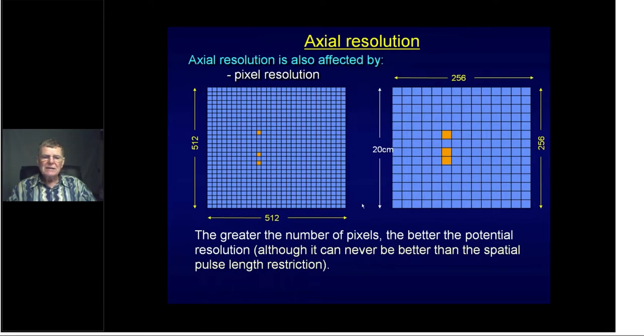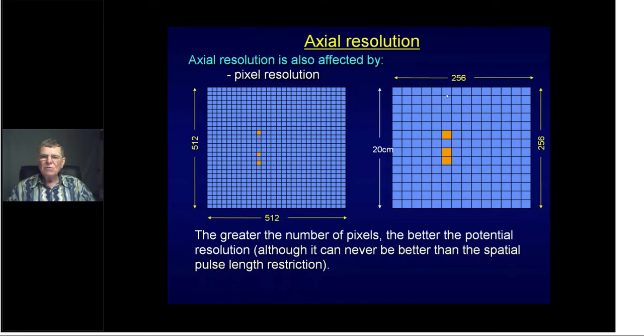Therefore, instead of 0.78 of a millimetre of anatomy in each one of these, you can imagine now it would be 0.39 of a millimetre of anatomy in each one of these pixels in your better image memory. 0.39 of a millimetre is better than the possible resolution from your transducer, and therefore this will not be restricting it.